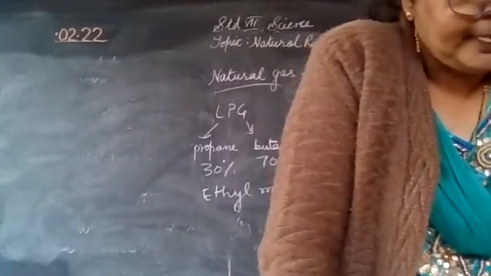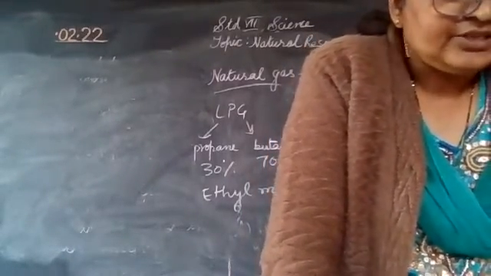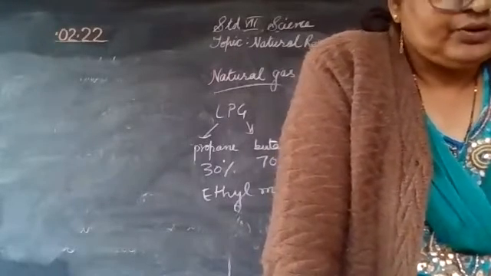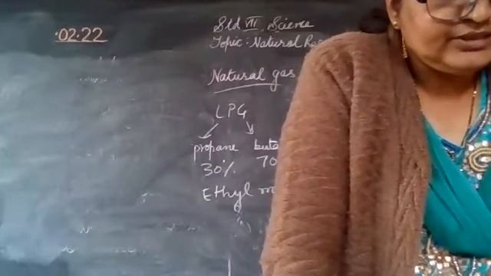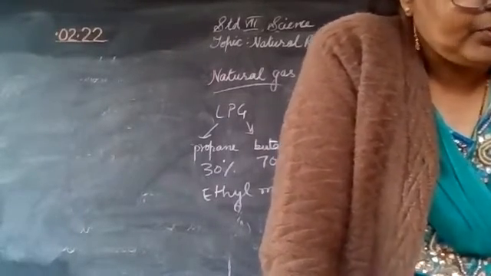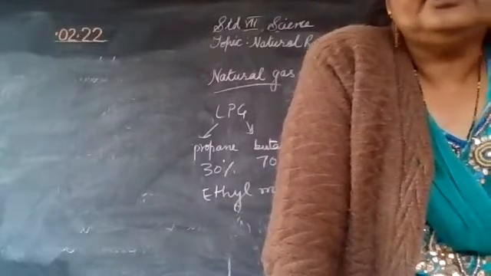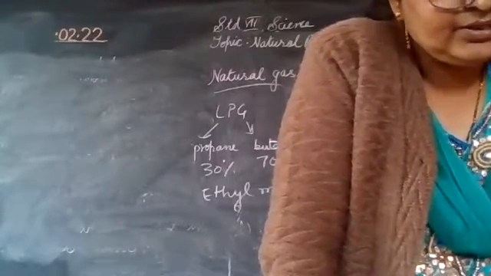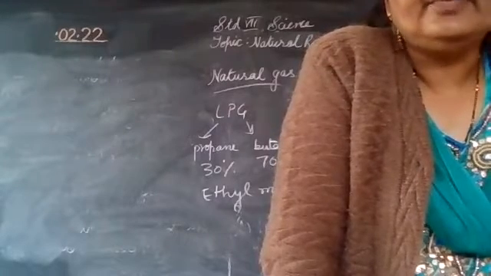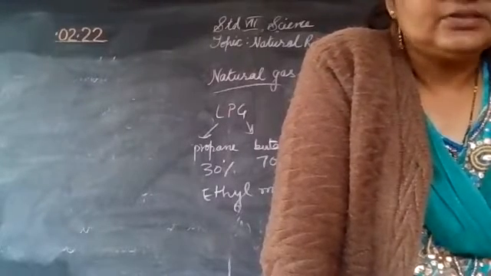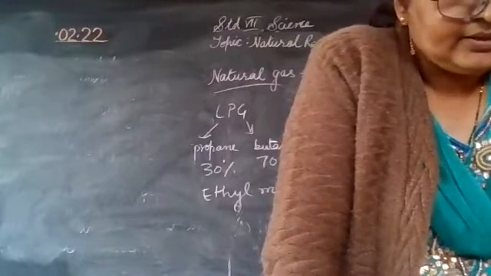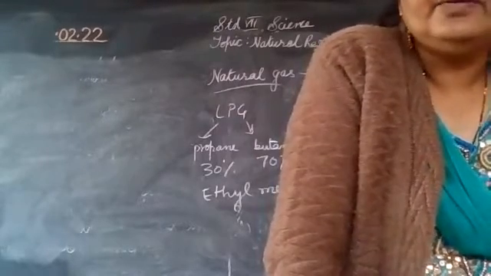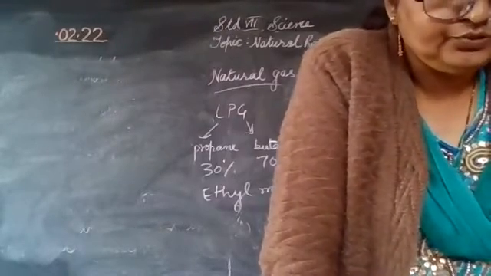Now, why is natural gas an eco-friendly fuel? The demand for fuels has increased due to the rapidly growing population, and the storehouse of fossil fuel is becoming less day by day. The demand is increasing and the supply is becoming less, so there will be an energy crisis in future.